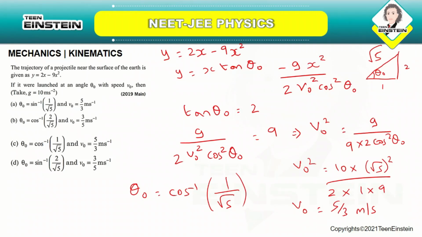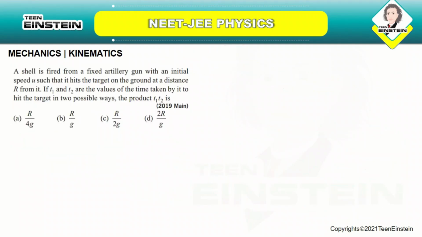So v naught is 5 by 3 meter per second and theta naught is cos inverse of 1 by root 5. So the correct answer is option number C. Okay, let us now move on to the next question.